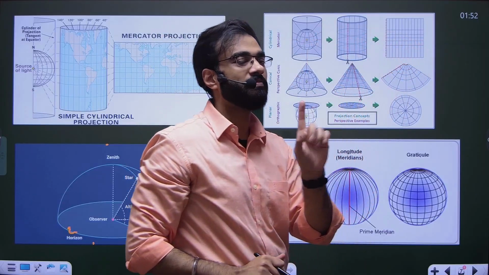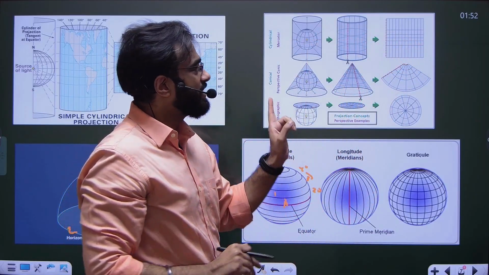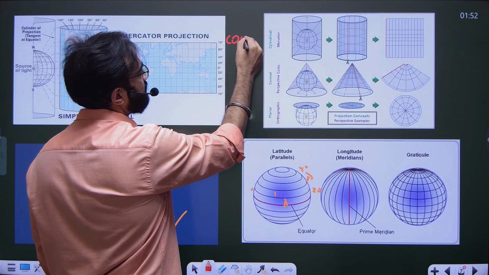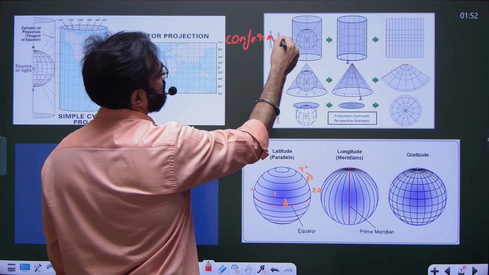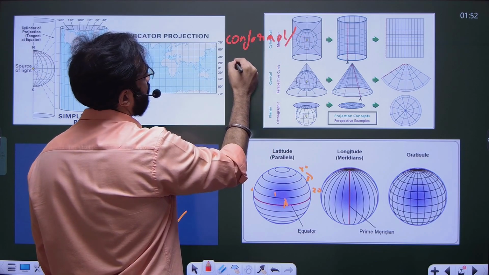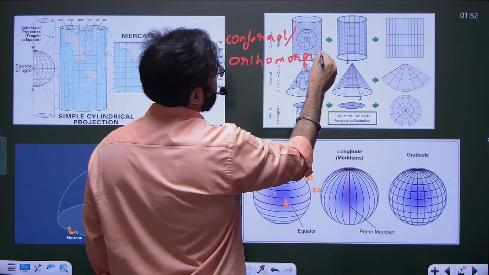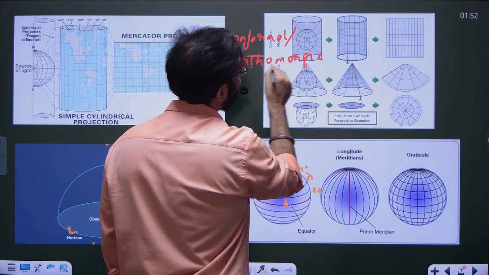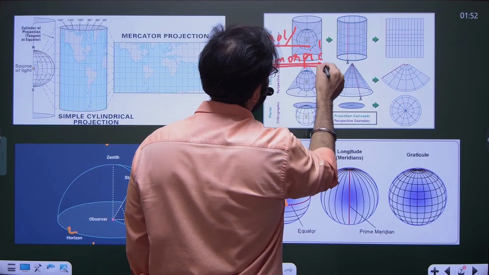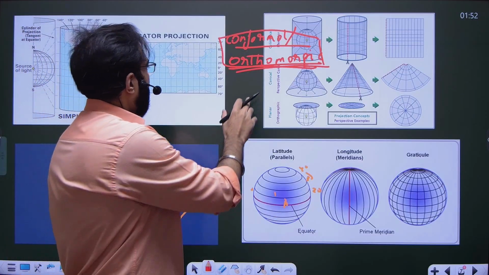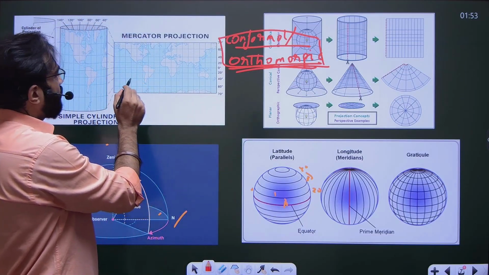This is a way to explain it, but it is not that easy. The property is that it is a conformal or orthomorphic projection. That is, it preserves the size, the area and direction, particularly along the equator.